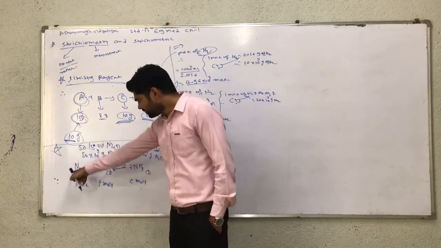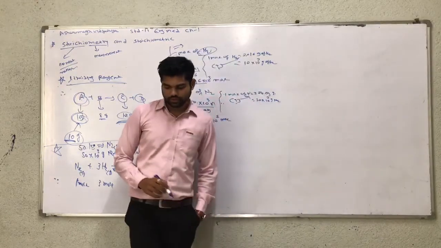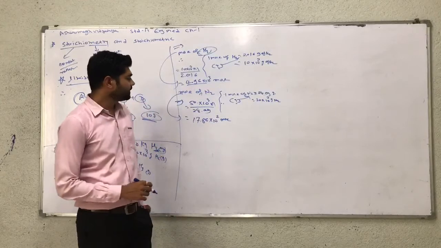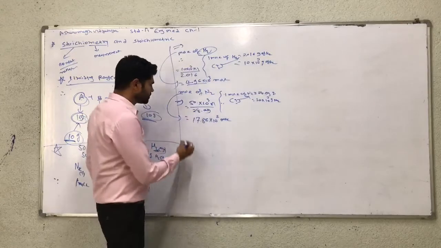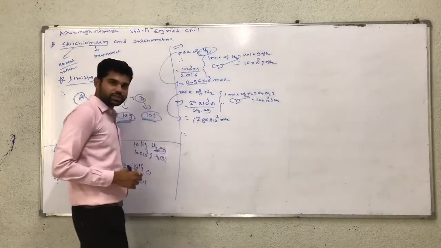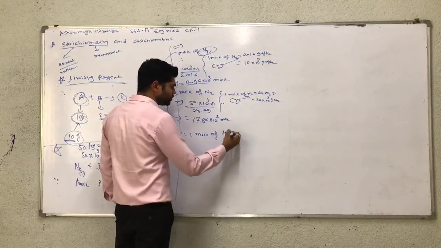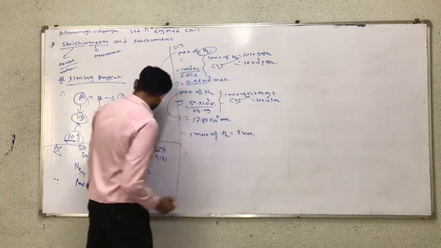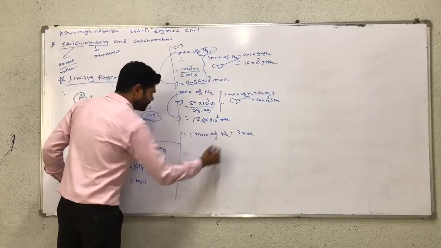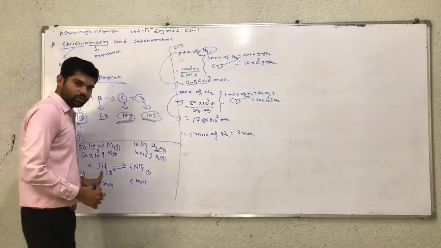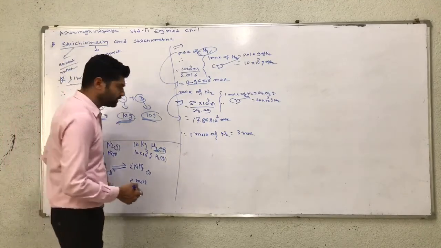So 1 mole of N2 is equal to 1 mole and 3 moles. So 1 mole of N2 and 3 moles of H2 are required.